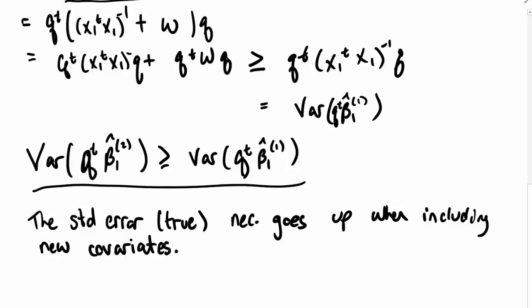Okay, and that's a startling result. I find that very startling. Regardless of what model is true, even if the more complicated model is true, by including new covariates, even covariates that are necessary to put in the model, we're going to inflate the variance. Okay, so now let's talk about and prove things about variance inflation factors.